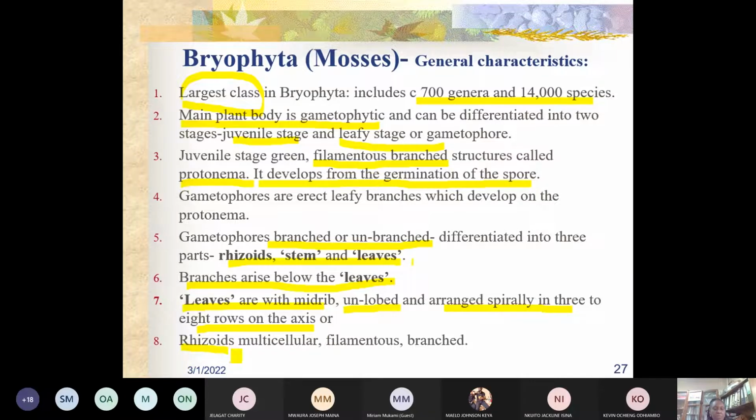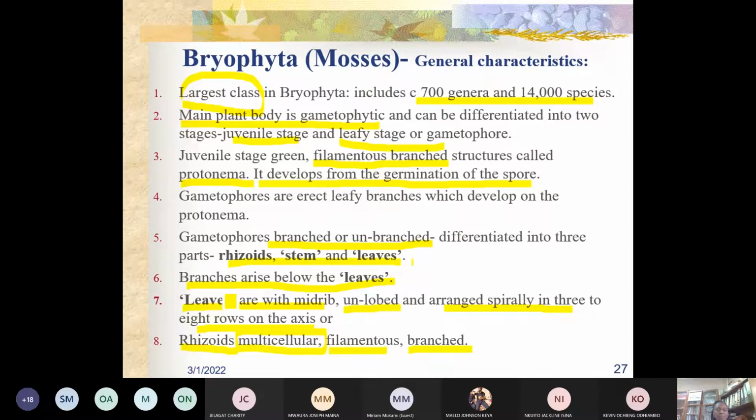Now, we still don't have roots, we still have just rhizoids, but the rhizoids now are multicellular. They are multicellular, so they look very filamentous and they can also be branched. So you can see some sort of evolutionary improvement in that area.